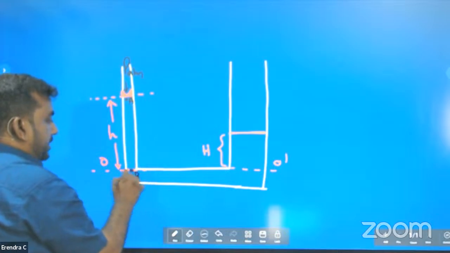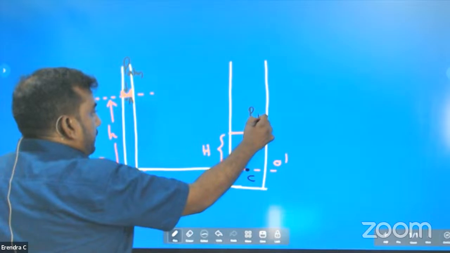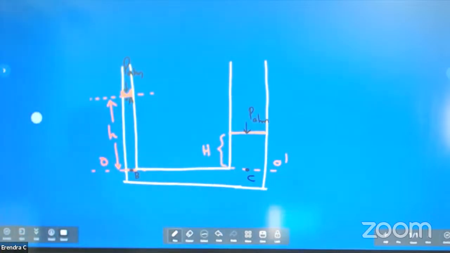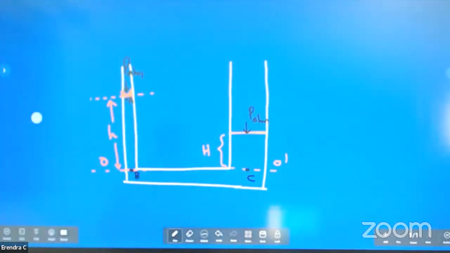Then we can find the pressure at B, here pressure at C. Here, of course, atmospheric pressure is active. Wider tubes have less effect taking place. Thinner tubes will have the capillary effect taking place.